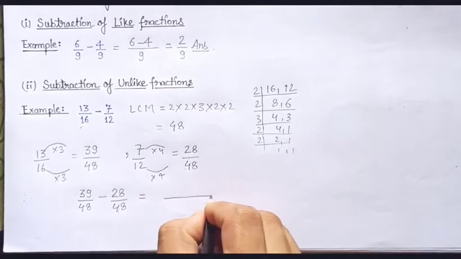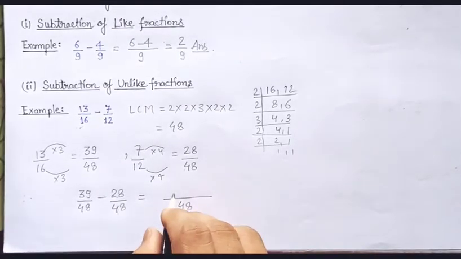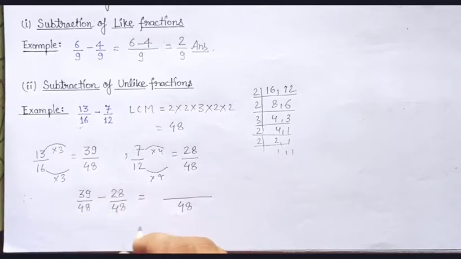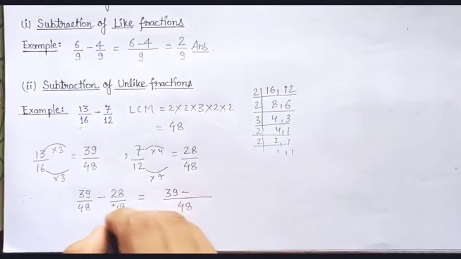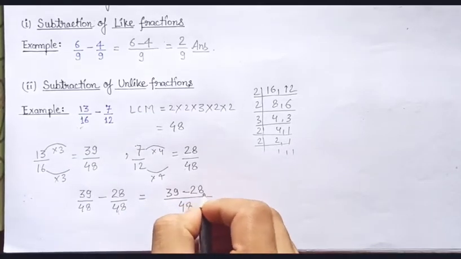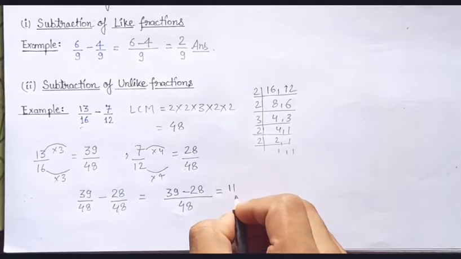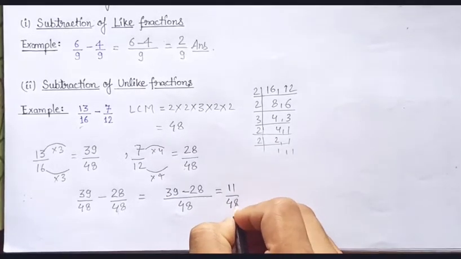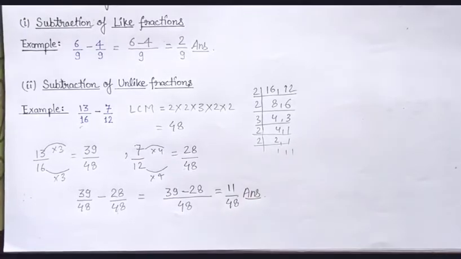We keep the denominator the same, that is 48, and in the numerator we just take the difference of the numerators, that is 39 minus 28, and it comes out to be 11 by 48. So this is our answer.